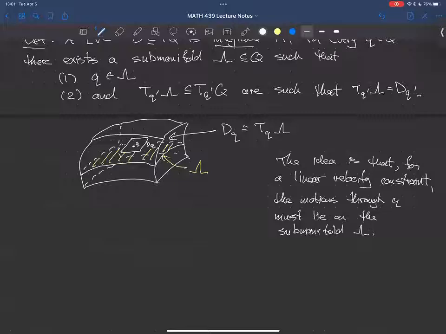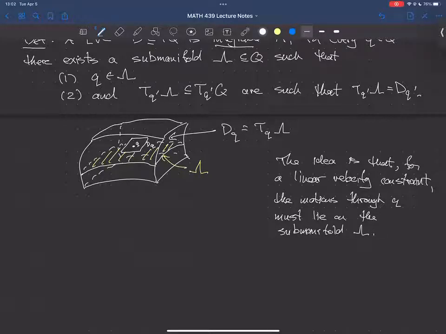That picture corresponds to the first example, the disk rolling in a straight line. That lambda there will be the one-dimensional submanifold that describes the motions of the body through a given x and theta.